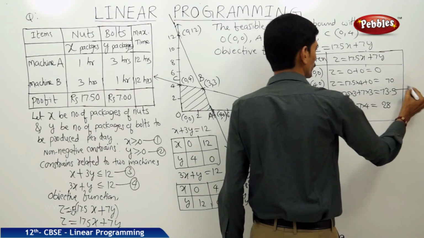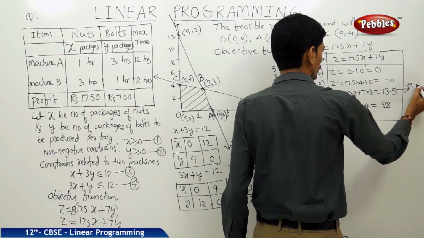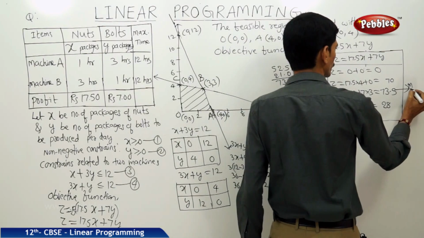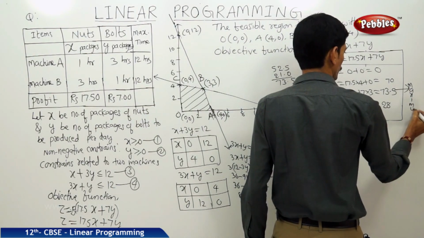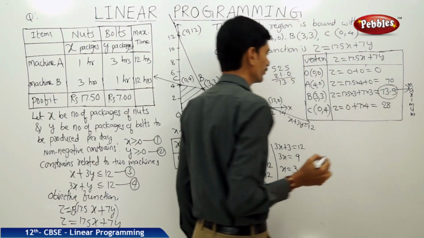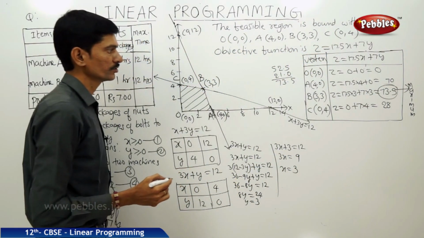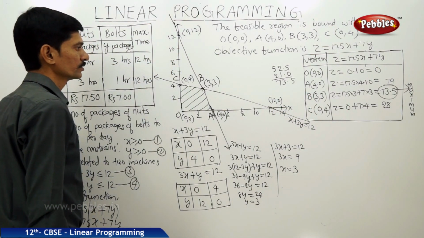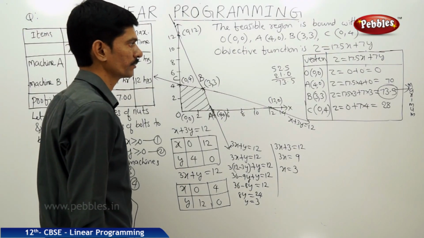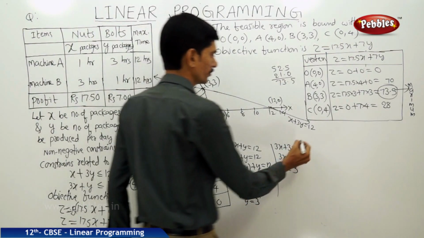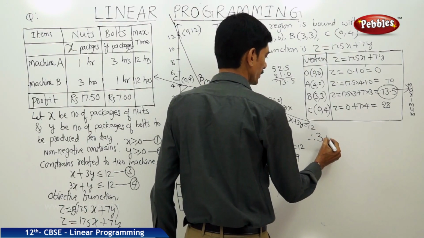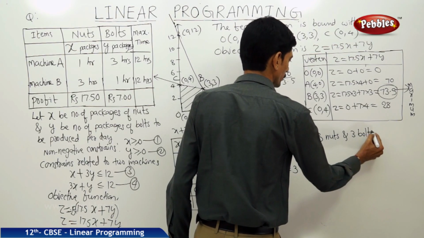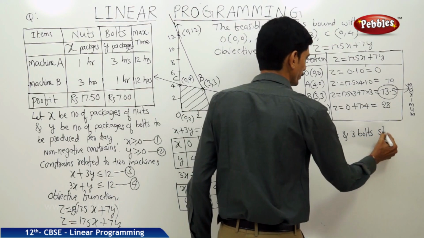So the maximum value 73.5 occurs at 3, 3. Therefore he has to produce 3 nuts and 3 bolts to gain the maximum profit of 73.50 rupees.